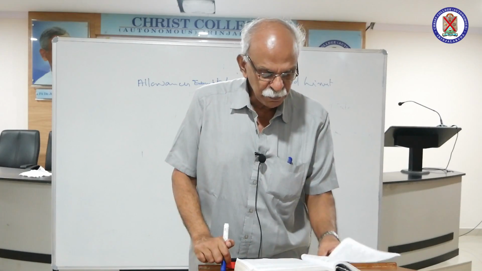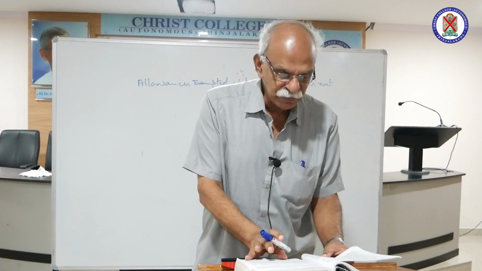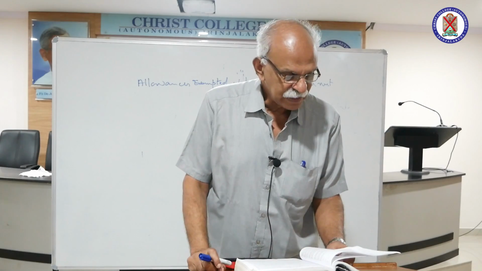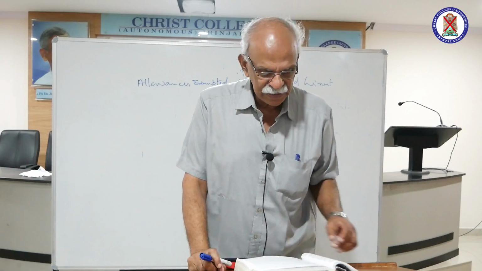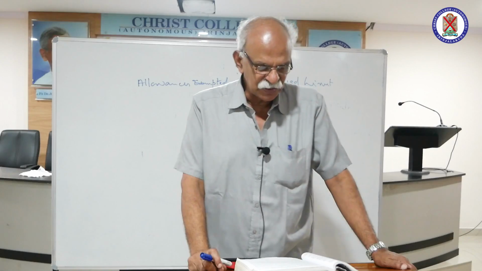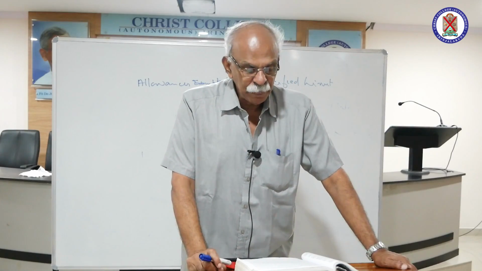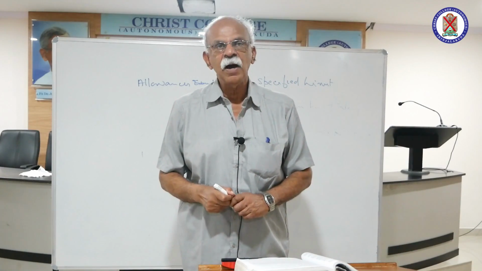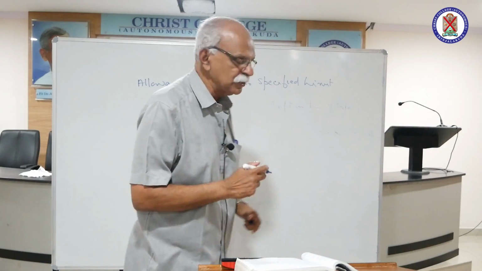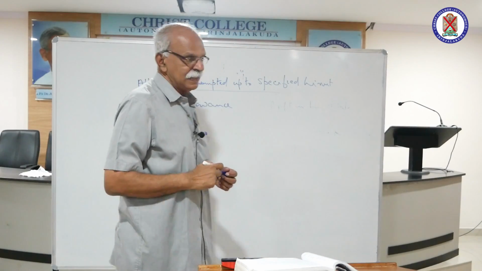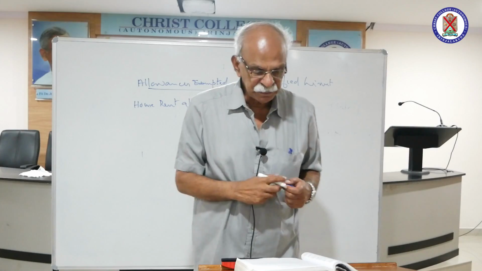Here the most important one, and one which we have to study with regard to allowances exempted up to a specified limit, is HRA, or it is also called house rent allowance. Let us see what is house rent allowance.